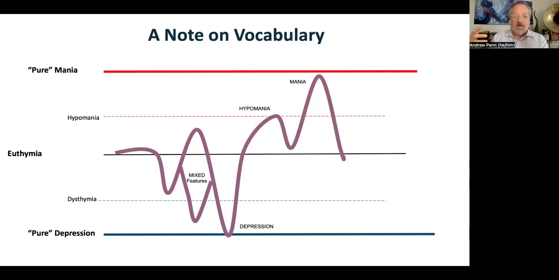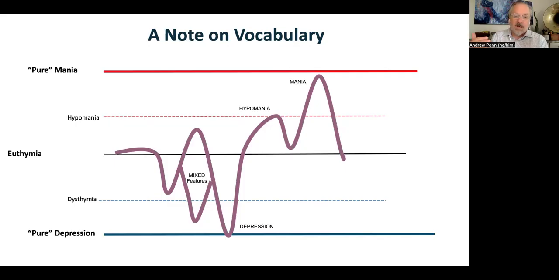And then a severe or major depressive episode is sometimes referred to in the bipolar literature, I believe it's referred to in the Ghaemi book, as a pure depression. I think most of us are familiar with what that looks like. Obviously low mood, anhedonia, and in bipolar disorder, usually significant changes in energy levels. So typically somebody's going to need a lot more sleep and they're still going to feel tired and sluggish.